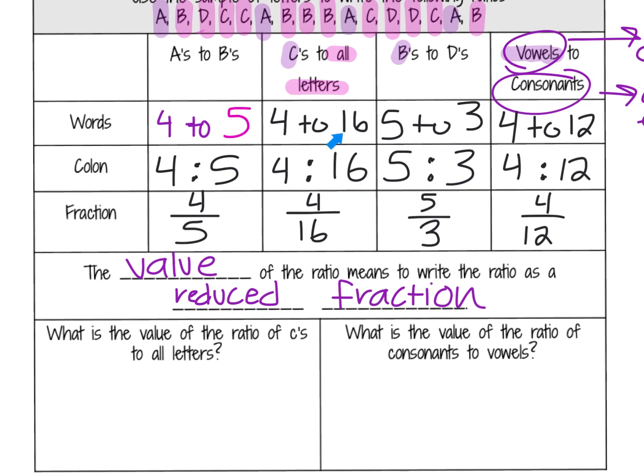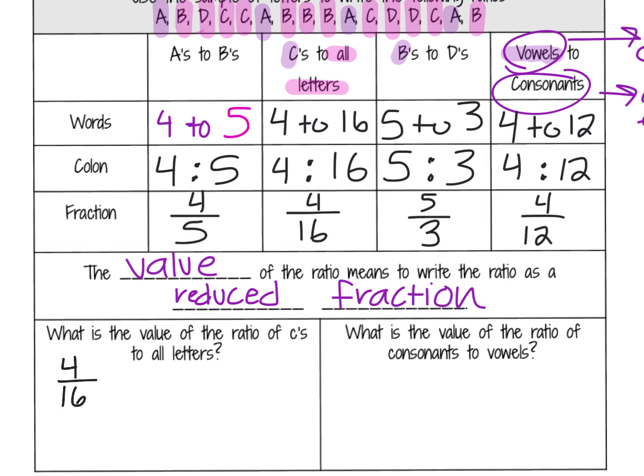We already found that ratio up here, so I'm just going to use that information. There were 4 C's compared to the total number of letters, which was 16. And since the value of the ratio needs a fraction, I'm going to use the fraction form of that ratio.